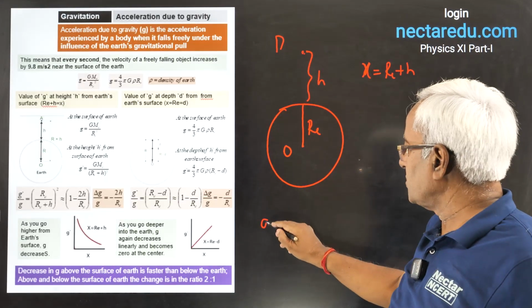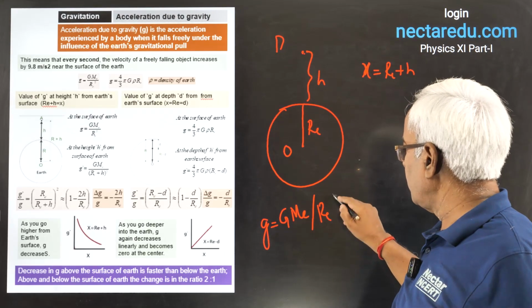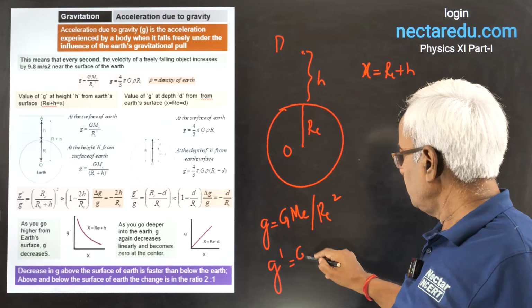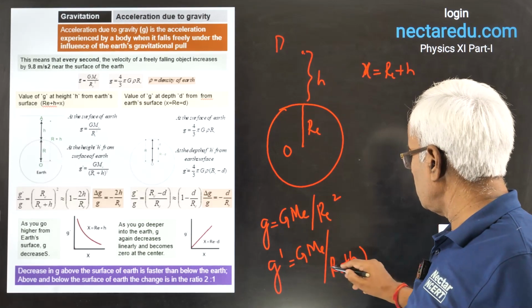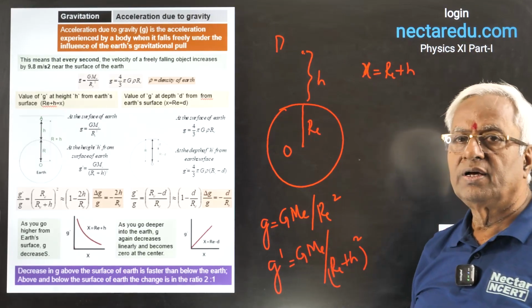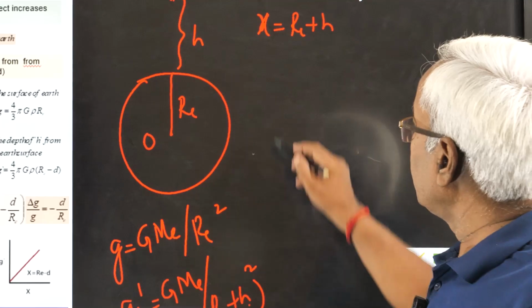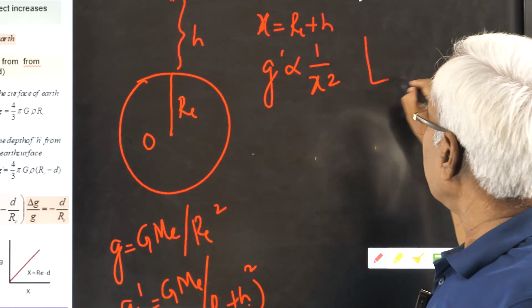So we use the relation g equals G ME upon RE square, and for this very point, g dash would be G ME upon (RE plus h) whole square. If you write this RE plus h as x, you'll find the relation g dash proportional to 1 upon x square.